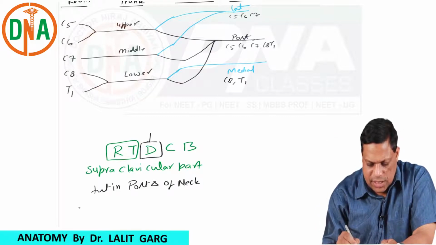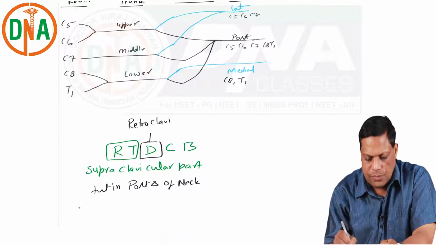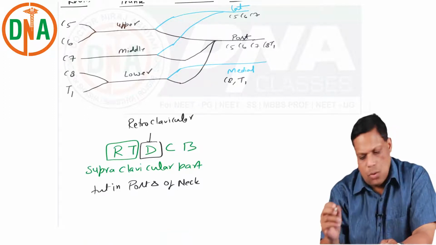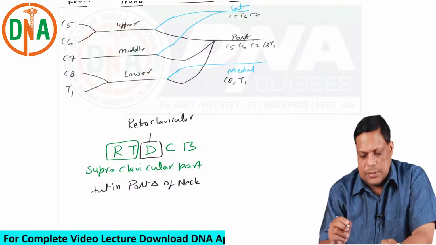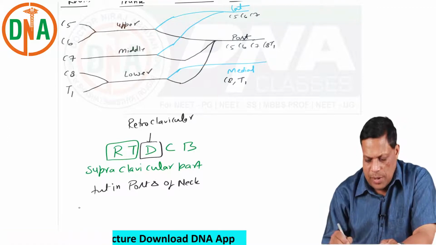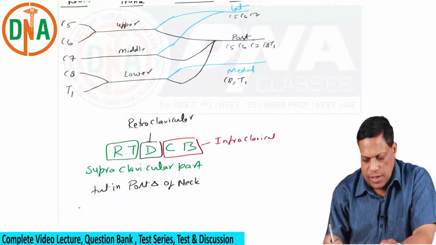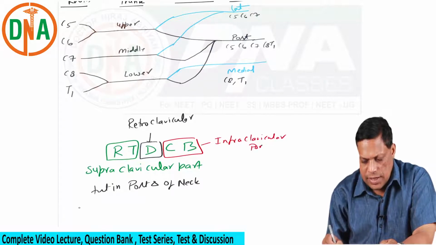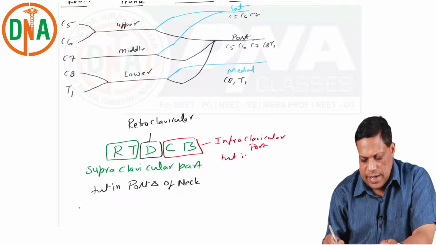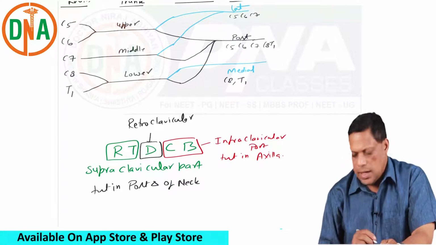This is the retroclavicular part of the brachial plexus. It is present behind the clavicle. Then C and B part, I mean the cords and branches, this is known as the infraclavicular part of brachial plexus. This infraclavicular part is present in axilla. That is the infraclavicular part below the clavicle.